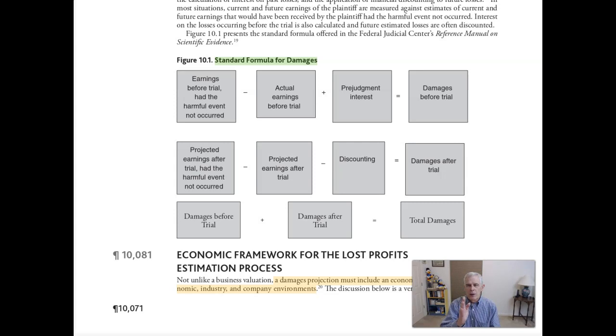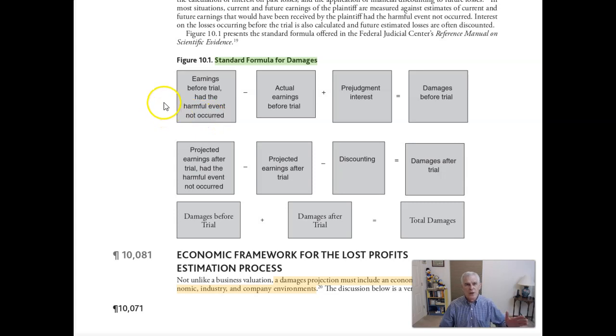Now you have to remember, at a certain point in time you have the trial, and then the damages are awarded, right? If the defendant is found guilty and damages are assessed, awarded, that's a certain point in time. What you will need to do then is find out the earnings before trial.